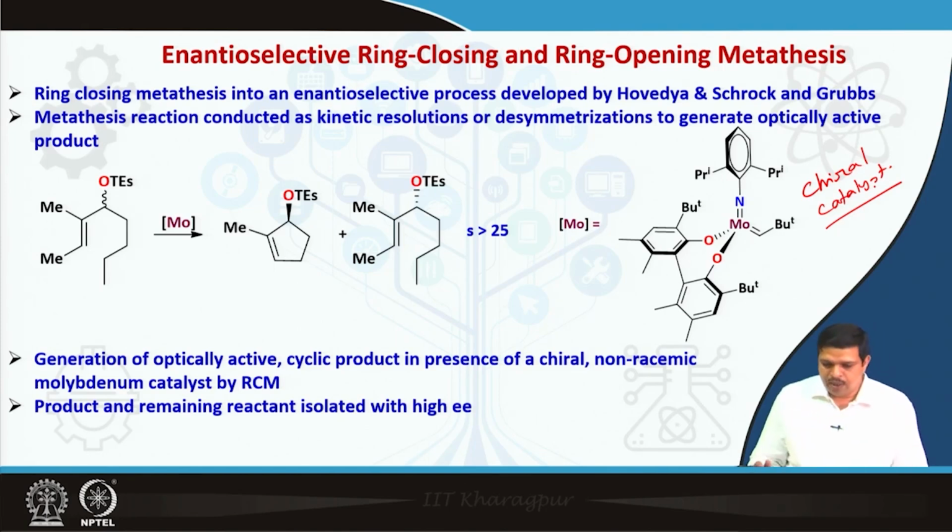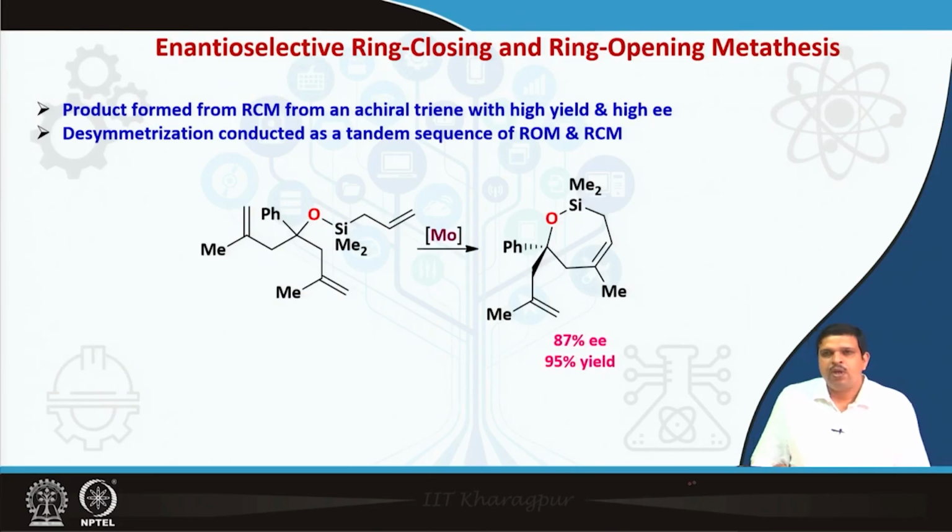So if you use the chiral catalyst, you can control the stereoselectivity and get a particular stereoisomer, and here you will see one example.